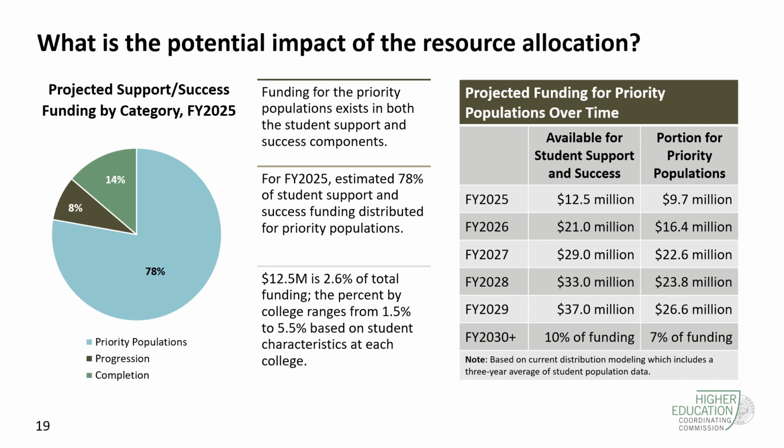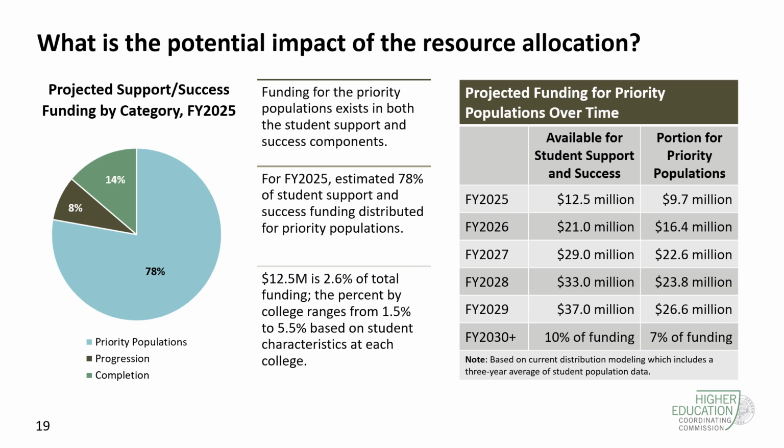So when you look at this in more specific detail, 12.5 million is about 2.6% of the total available funding. But the percent by college ranges from 1.5% to 5.5% based on student characteristics at each college.